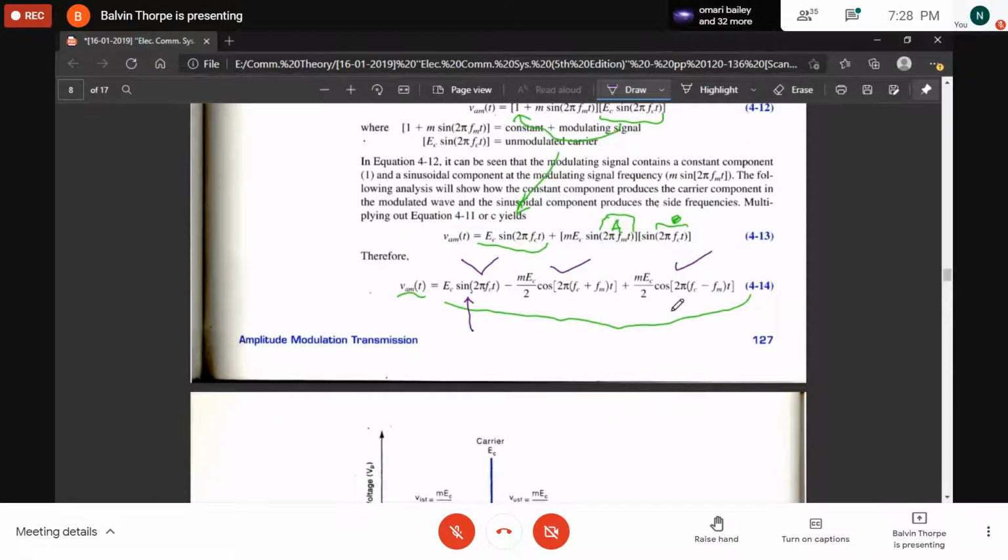If you look at that, you'll see that there'll be a frequency shifting.